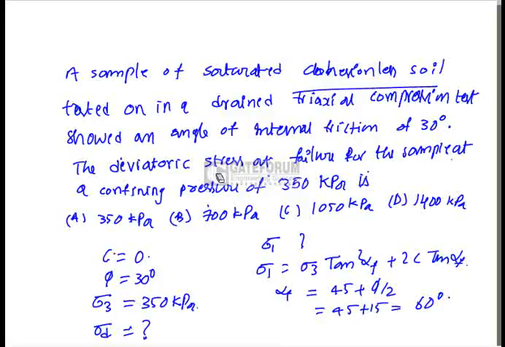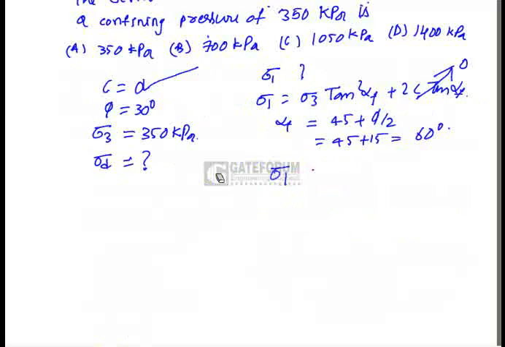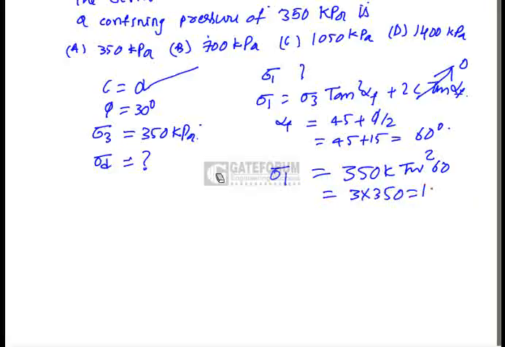So C is equal to 0. Substituting C is equal to 0, this term is going to be 0. Sigma 1 is equal to sigma 3, which is 350 kPa, tan square 60, that is equal to 3 into 350, that is equal to 1050 kPa.